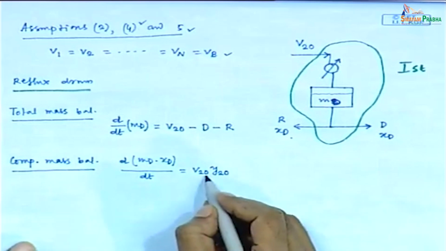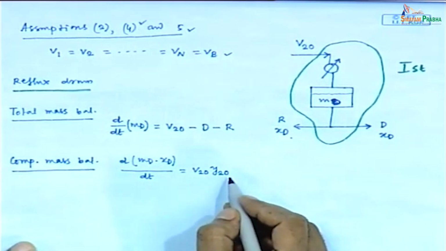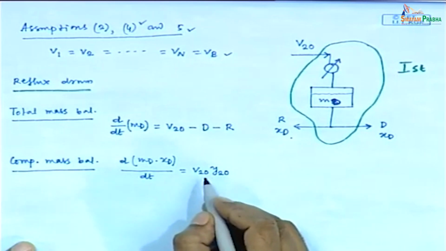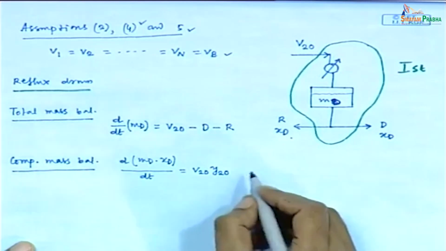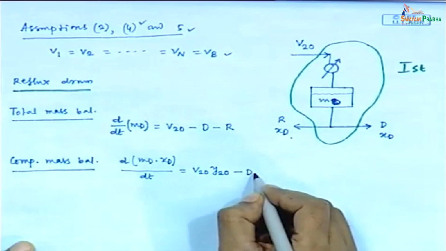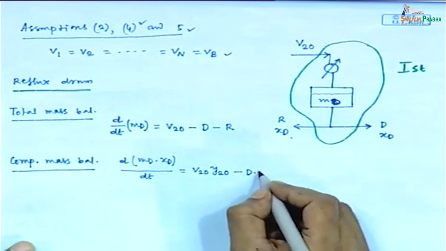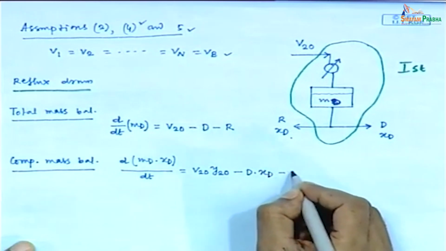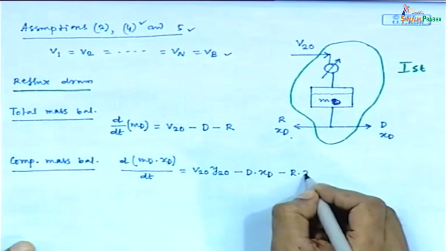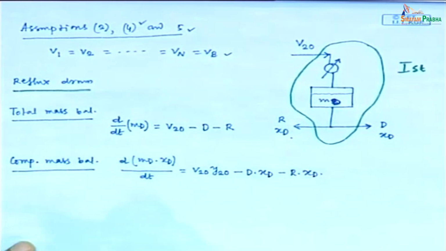So, V20 multiplied by Y20. Agree? Vapor flow rate is V20 and its composition is Y20. Now, D multiplied by the composition of distillate, XD. Similarly, R multiplied by XD, the composition of the reflux stream is XD. So, this is the component mole balance equation or component mass balance equation.